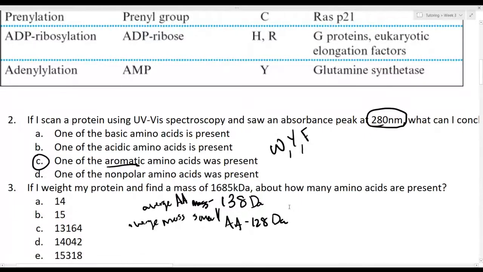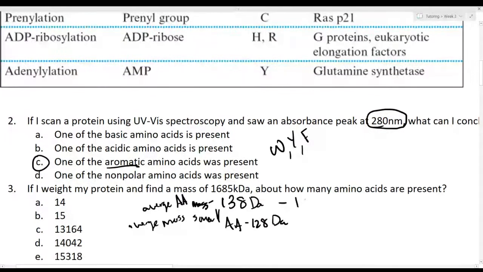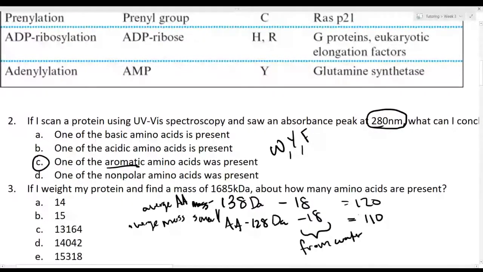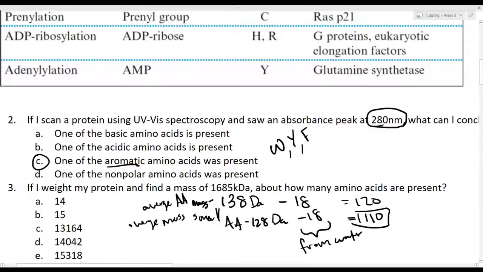In the formation of the peptide bond, we lose 18 atomic mass units in the creation of water. Minus 18 from water, perfect. So we would use 120 if all amino acids were equally abundant, and 110 for the average amino acids based on percent abundance.